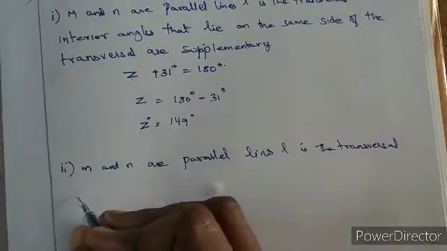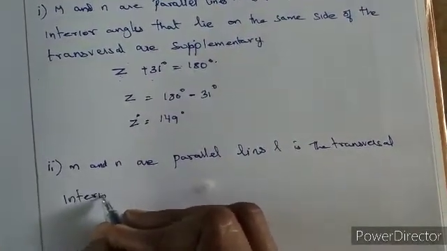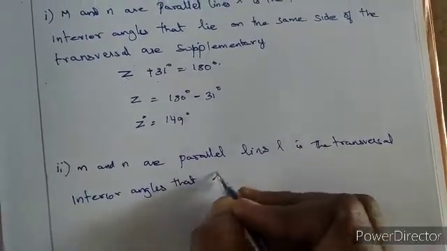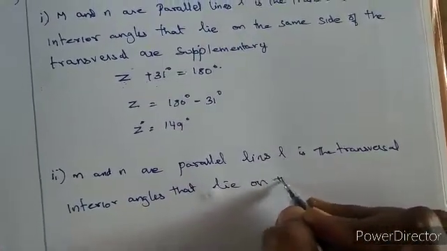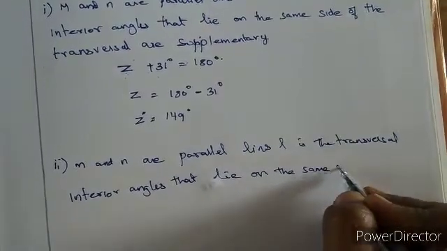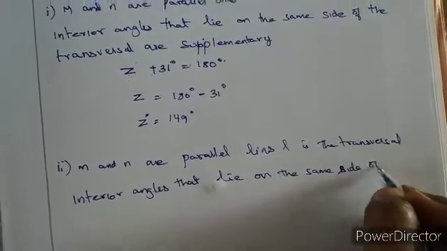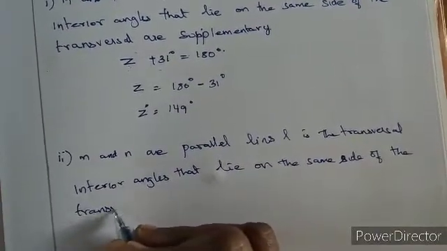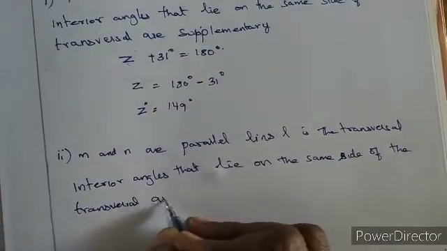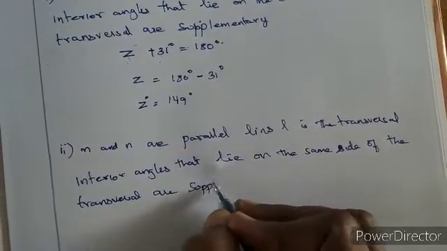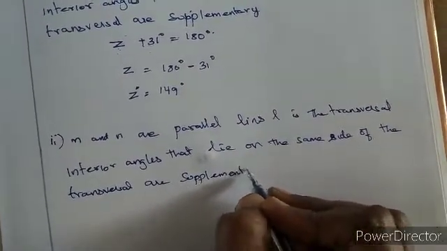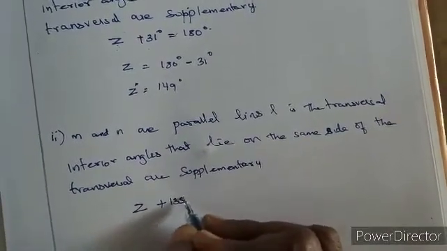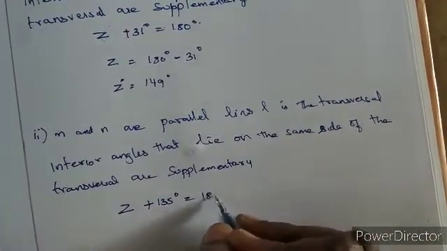Next to one, interior angles that lie on the same side of the transversal are supplementary, and what they given there is Z plus 135 degree equal to 180 degree.